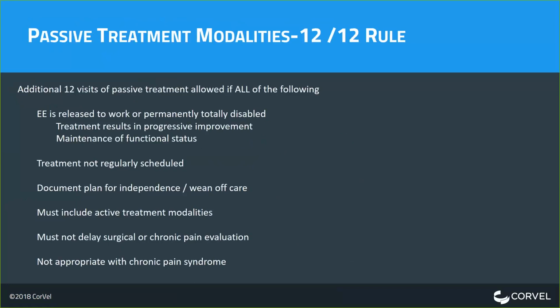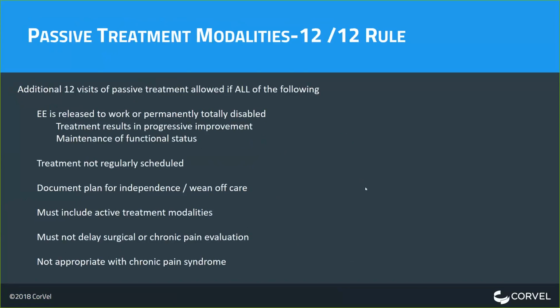The second requirement is that the treatment is not regularly scheduled, and that's very important. So when a person comes in for one of these visits, the doctor's notes can't say come back in 2 weeks, or the person can't be told to come back in 2 weeks. It's to come back as needed. The next one is that there has got to be documentation of a plan for independence to wean off of care and become independent of care.